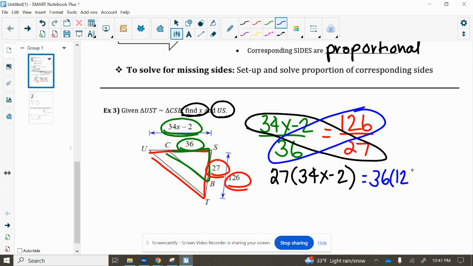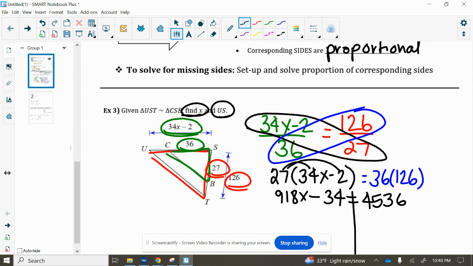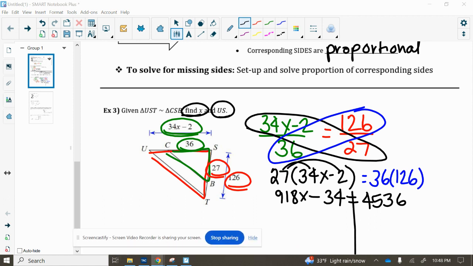So 36 times 126. Now, when we start solving, we're going to distribute 27 times 34 is 918 x's. 27 times negative 2 is negative 54. And then 126 times 36 is 4,536. Finally, we can add the 54 to both sides.